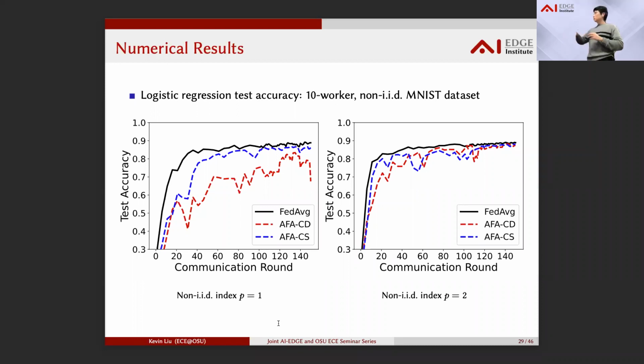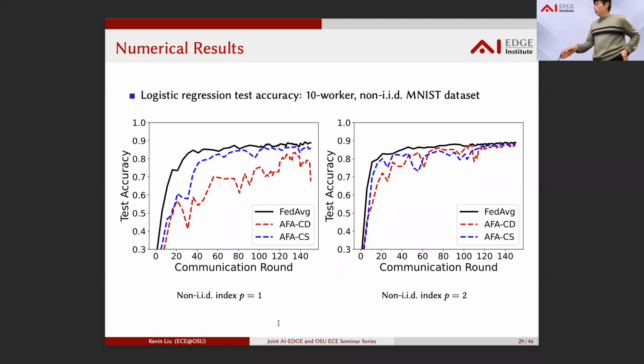So this P represents how many digits each client has. If each client has only one type of digit, then you can expect that the data sets are extremely non-IID. As this P gets larger and larger, and eventually if P is equal to 10, that means the clients have all the digits, so this is like an IID setting.